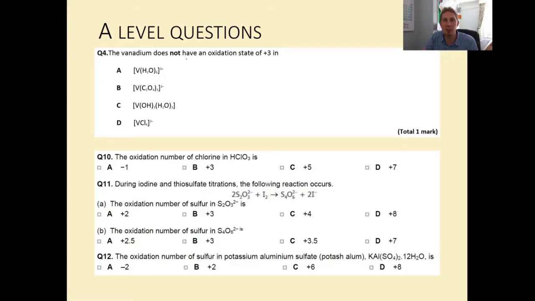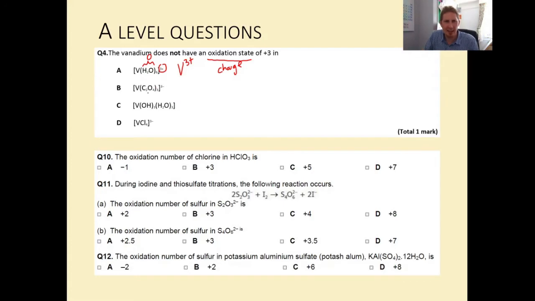So the vanadium does not have an oxidation state. For your purposes, read charge of 3+ in which of these? Well, we hopefully know that water has charge 0, and there's 6 of them, so that's 6 times 0, which is 0. The overall charge is 3+, so that must be V3+.